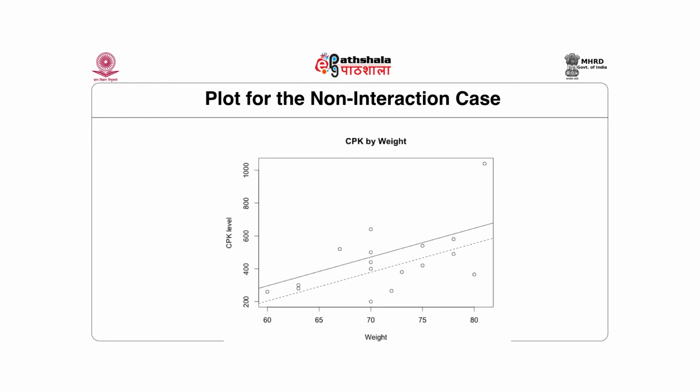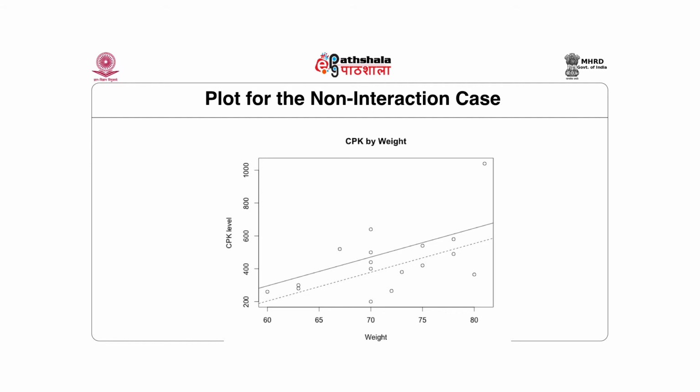But if we put the age in there as well in a linear model, the intercept went down further because it was deducted by something like 92. And age at 1 had a very similar relationship between weight and CPK.